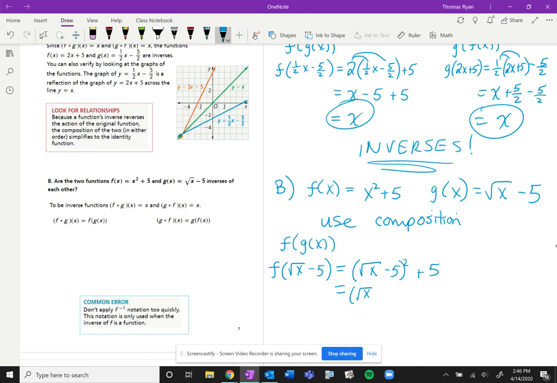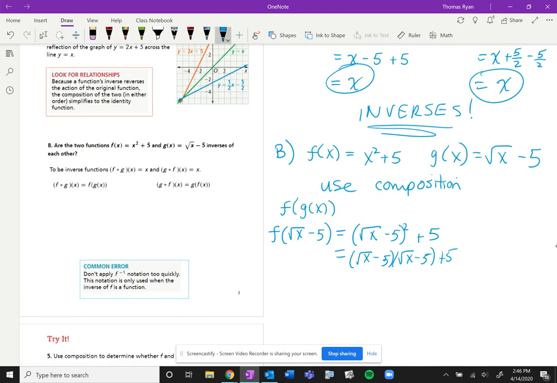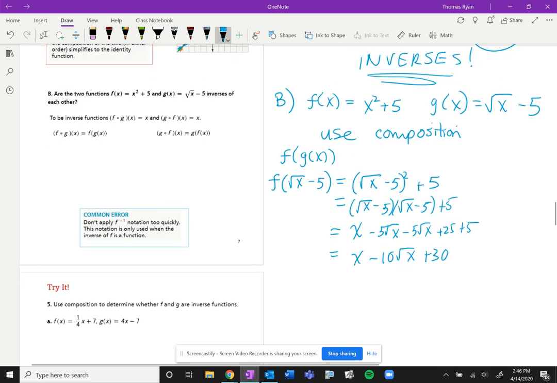This is really a binomial squared, so that means we need two of them. So FOIL in here: square root x times square root x is x, square root x times negative 5 is negative 5 root x, negative 5 root x, negative 5 times negative 5 is 25, plus 5, we get x minus 10 root x plus 30. Ugliness, gross. So we have all this other stuff that's not just x, right?